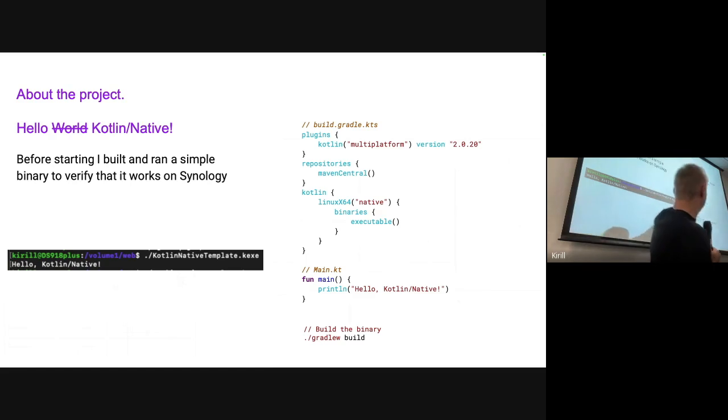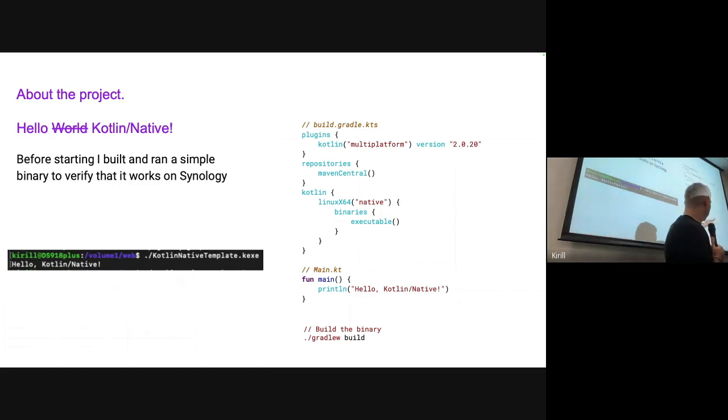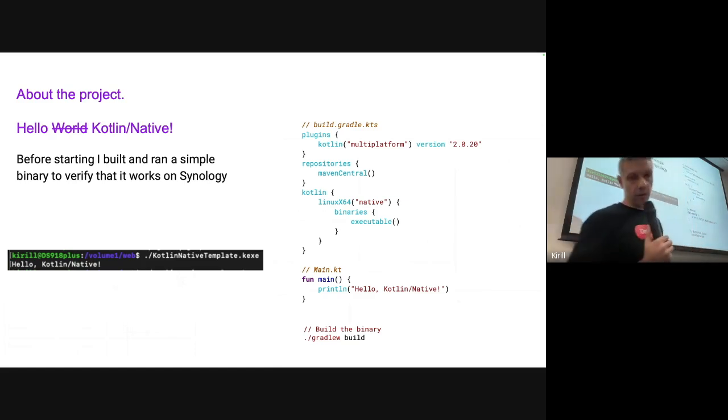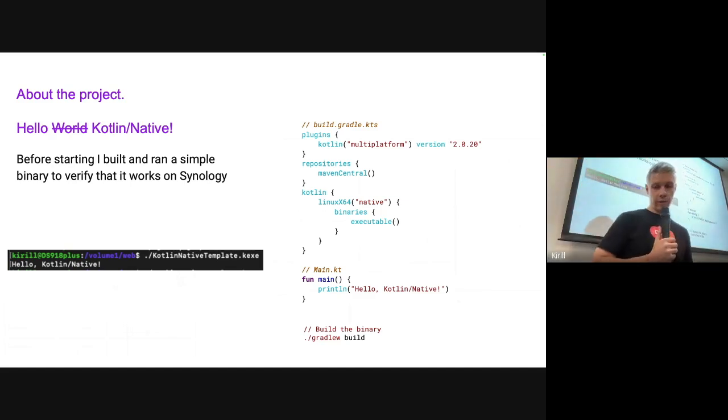You can target what you want to run, the binary, the executable, with the latest Kotlin Multiplatform. Basically, you just print hello Kotlin, that's it. You compile it and it gives you a binary. That's what I ran. It works, so I've proven it should work.